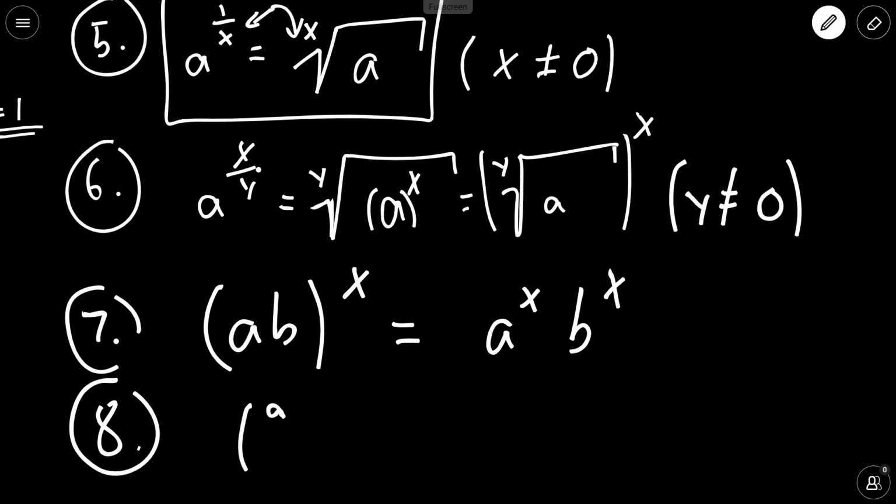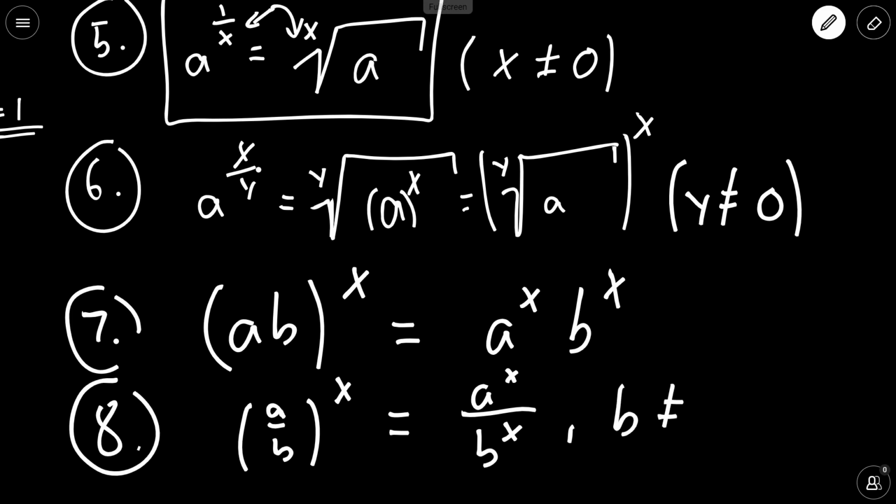Similarly, if we have a fraction in brackets here, and this is raised to a power of x, again, we can nicely distribute this exponent. And what do we achieve by that? We get rid of the brackets. That's a nice thing. Again, in our example here, b is in the denominator. B cannot be 0.